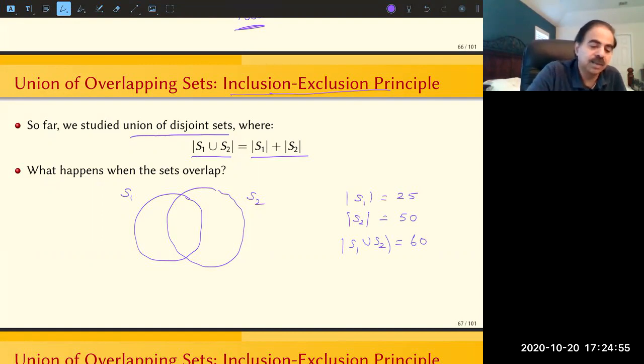And then you are asked, what is the size of S1 intersection S2? This is a common problem that you come across.